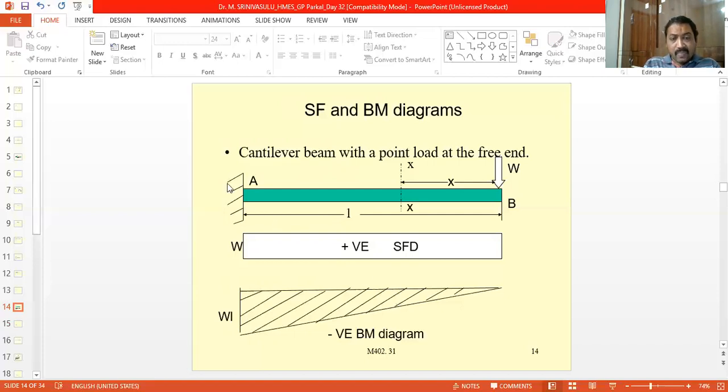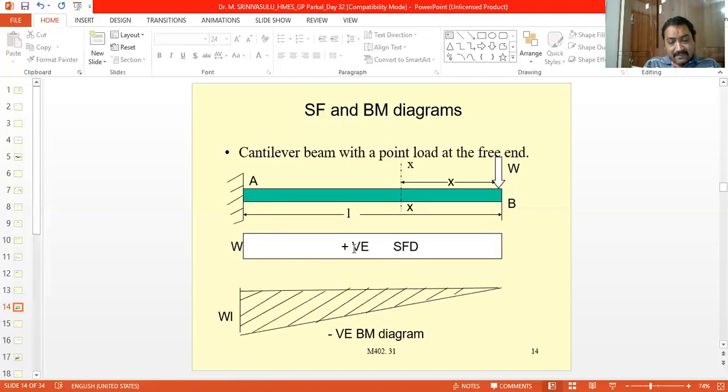Now coming to point A, the value of the bending moment is equal to minus W into L. Here, W into L is more than the W into x value. So this is the W into L value, and here it is the W into x value, and both are negative. This hatched triangular shape will show the bending moment diagram. So this is a negative bending moment diagram, and this is positive.